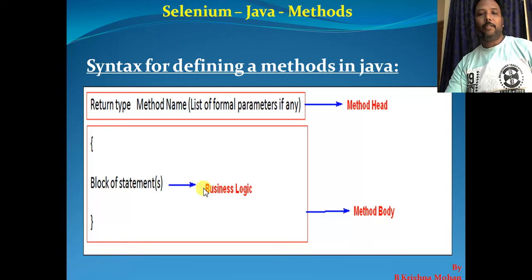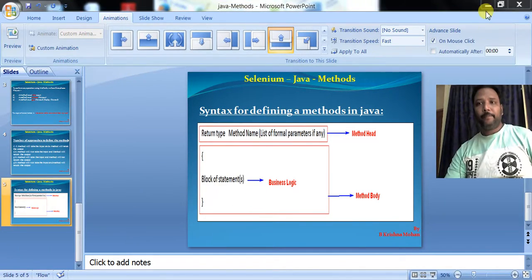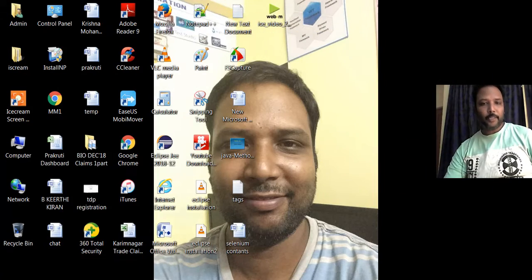This is called the business logic. This whole thing is called the method head, and this part within these curly brackets is called the method body. The statements written inside the body are called the business logic. We will see in a program how it will be done.